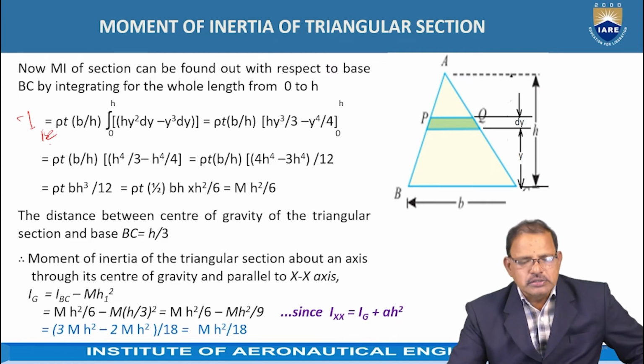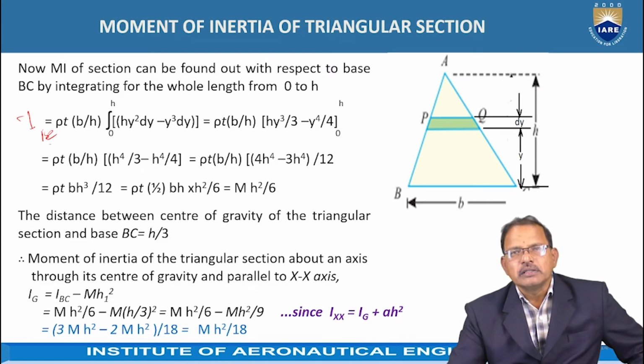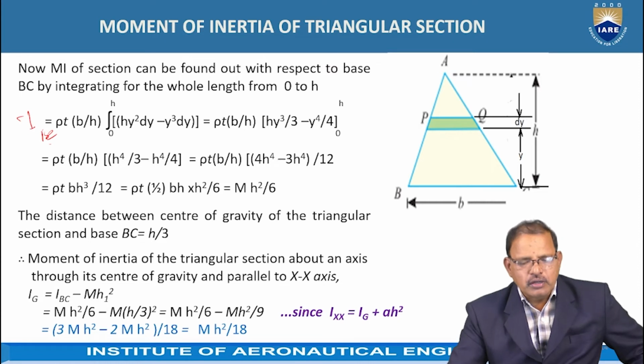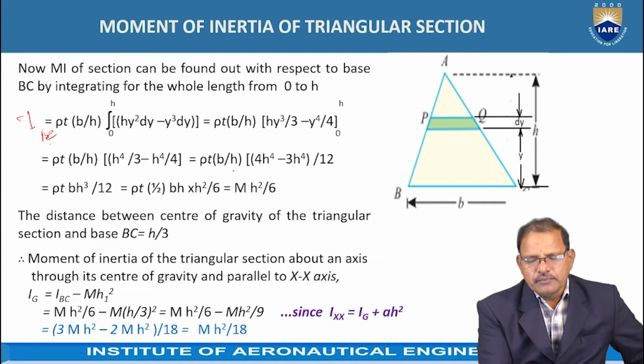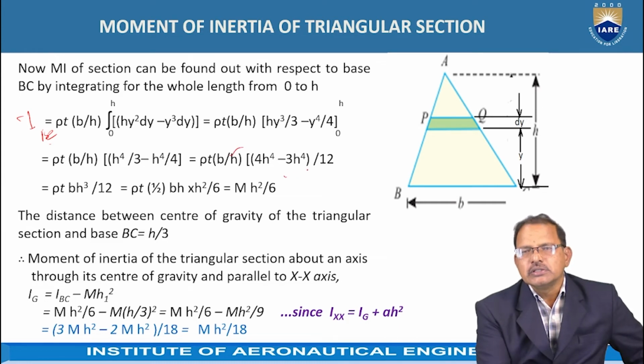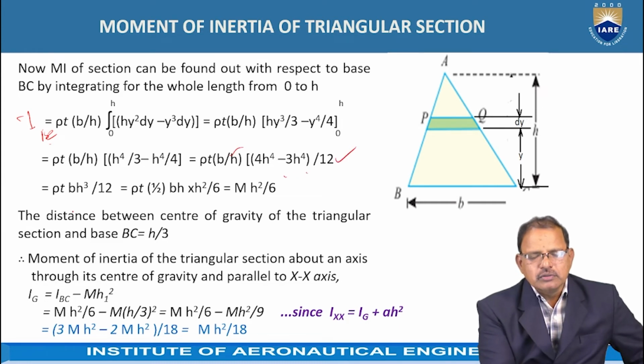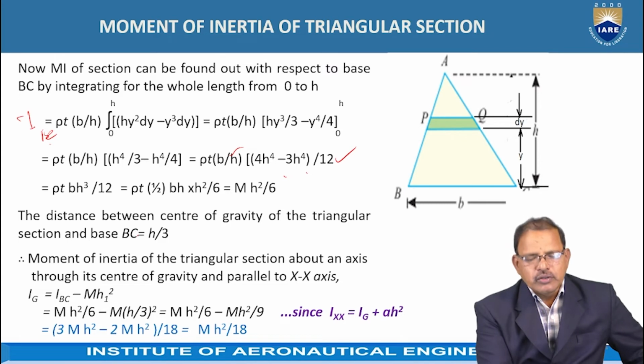When you substitute H, the value is H to the power of 4 by 3 minus H to the power of 4 by 4, which is equal to rho T B by H into 4H to the power of 4 minus 3H to the power of 4 by 12, which is equal to rho T B H cube by 12.